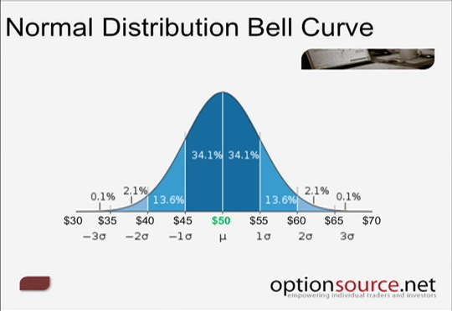Under these conditions, the market maker, who is responsible for pricing the option contracts, has priced them such that there is a 68.2% probability that this security, within the time frame of the option contracts we would be looking at, is going to remain within one standard deviation.